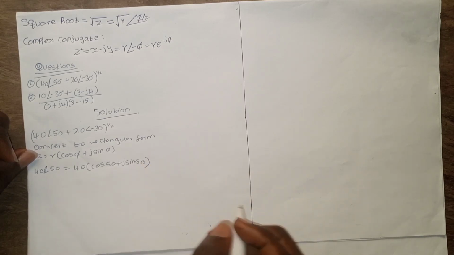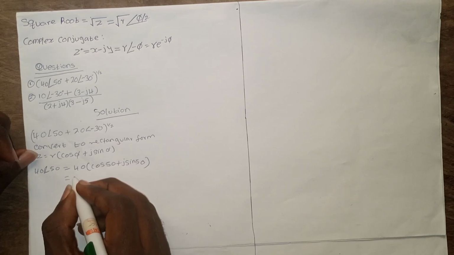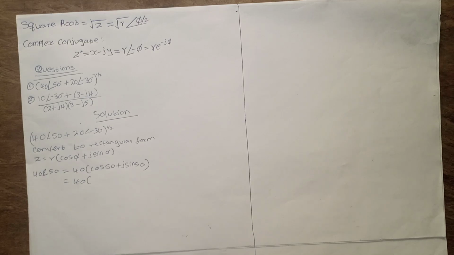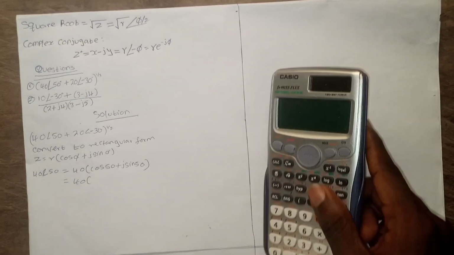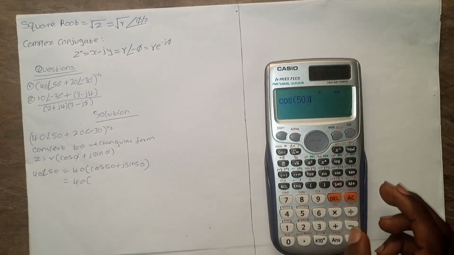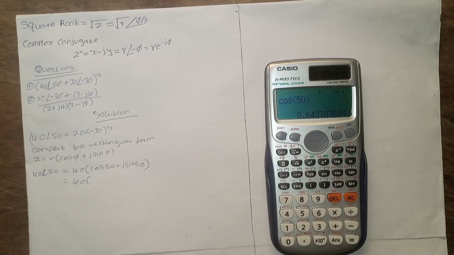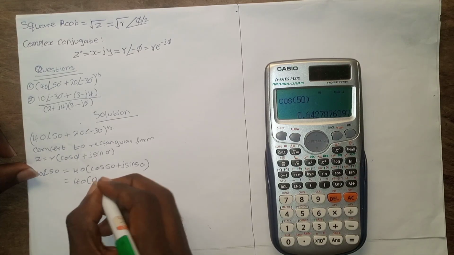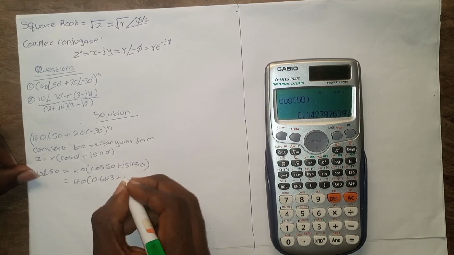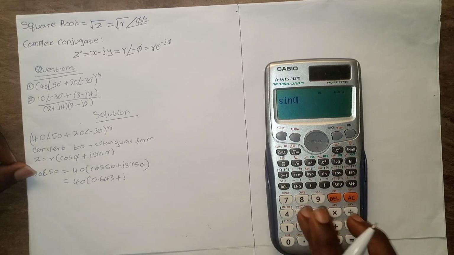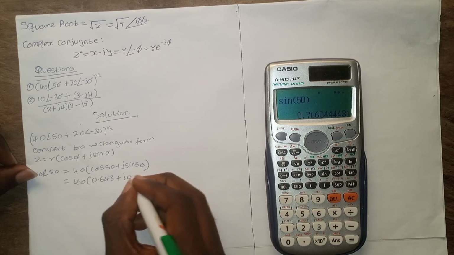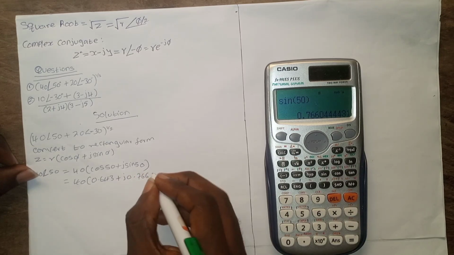So by calculating this one, it's equal to 40, by using the calculator, cos 50 will give us 0.643 by approximation, plus j sine 50 will give us 0.766, then we close the bracket.